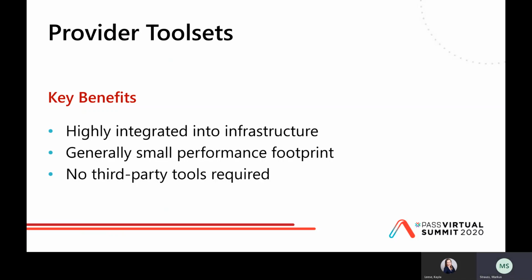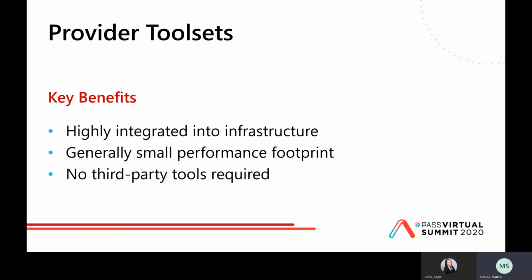And then there's the aspect of third party, right? Whenever we start thinking about accessing databases and installing something onto the host machine or connecting any sort of other service to our database, whether that's via JDBC connection or some other way, it's a third-party tool set, and it brings its own challenges.